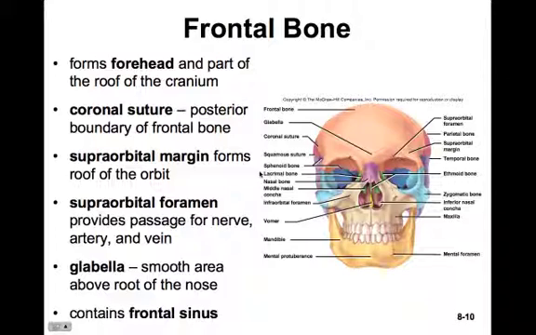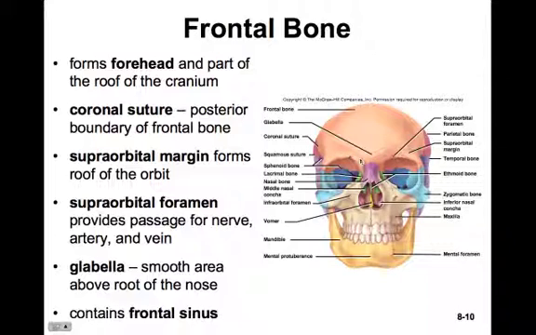So we've got our heading of skull, our subheading of cranial bones, and here we are with the frontal bone. The frontal bone forms the forehead and part of the roof of the cranium. It's the piece in orange here. It's bordered by the coronal suture on the posterior side. The supraorbital margin forms the roof of the orbit right here.